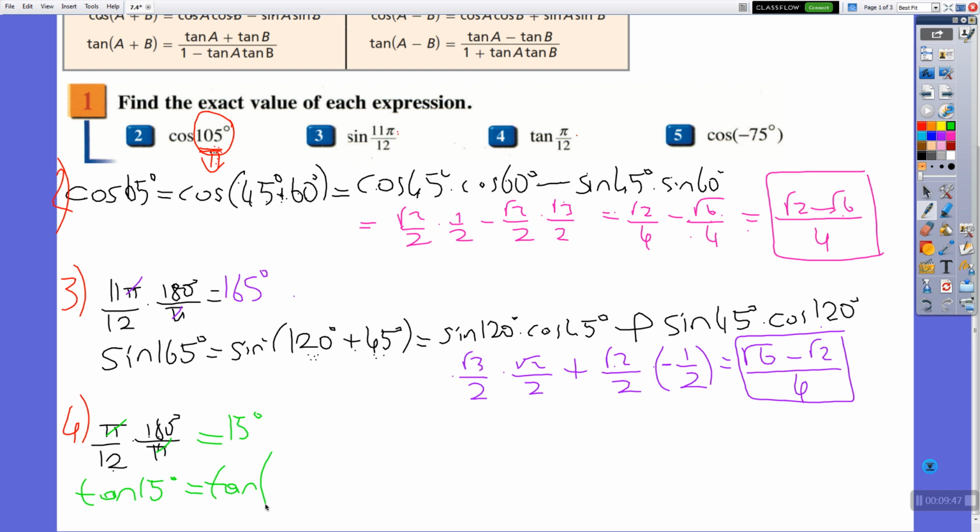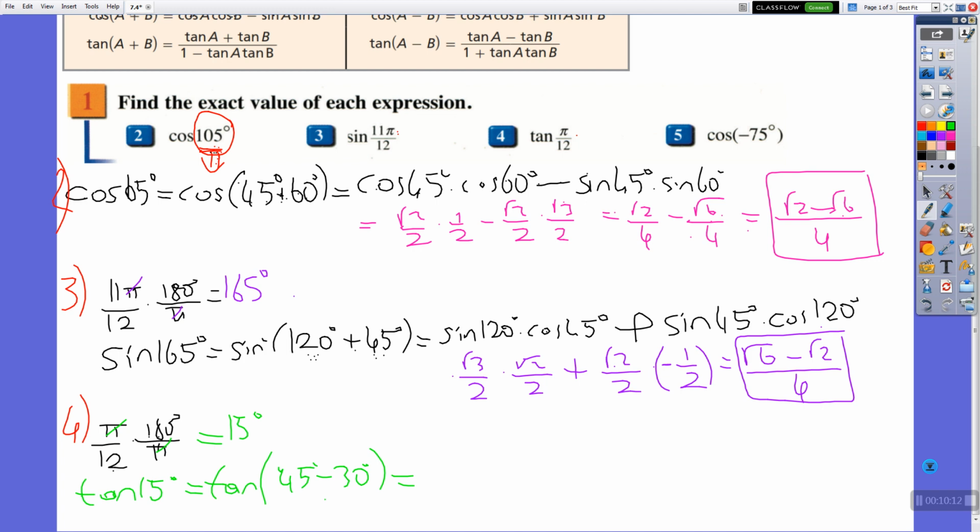One of the ways is thinking of 15 as being equal to the difference of 45 and 30. You can use 60 minus 45 as well. It also gives you 15. It's up to you. So 45 minus 30 is 15.